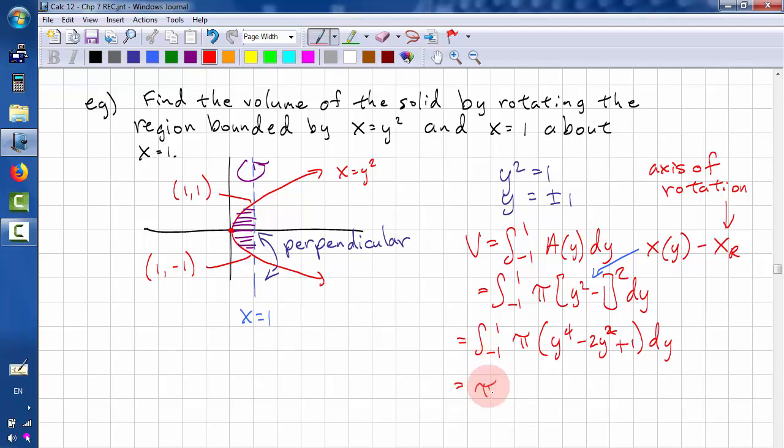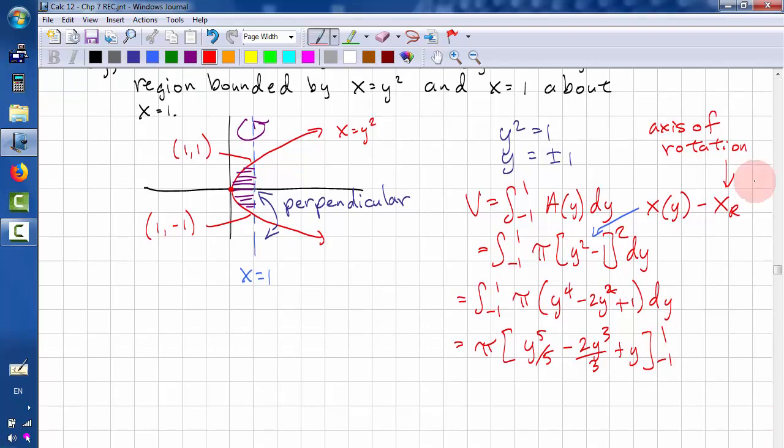We have pi, y to the 5th over 5 minus 2y cubed over 3 plus y. And we're integrating from -1 to 1. Now we could have made this simpler by noting the symmetry, and then we can integrate from 0 to 1.